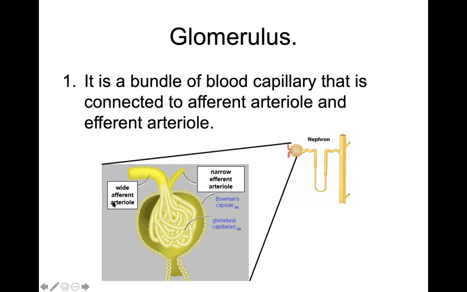As you notice here, it says the word wide, and here it uses the word narrow. So we can say that the blood will flow from the afferent arteriole to the efferent arteriole, where the blood vessel is getting narrower, from wide to narrow.